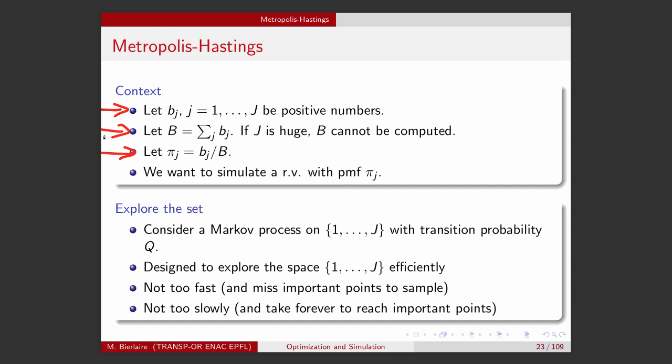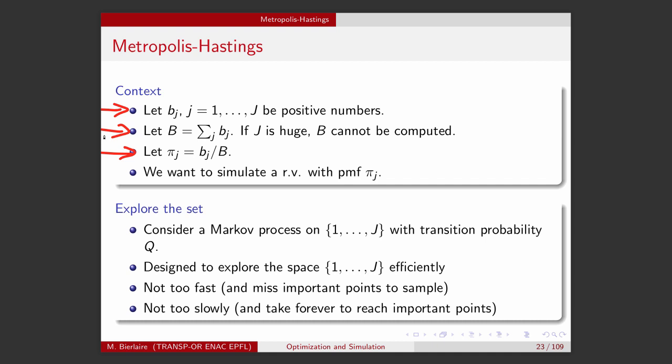It means that it should not be too fast so that we would miss important points in the space. It should not be too slow either, because then it would take forever to reach important points. And this part of the algorithm is really the part that the user has to design based on the specific application. And I will give you examples about this when we see the concrete examples.